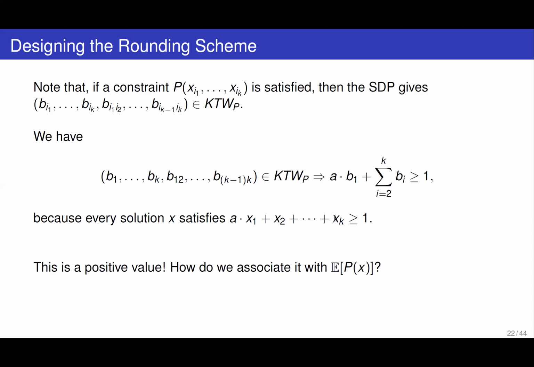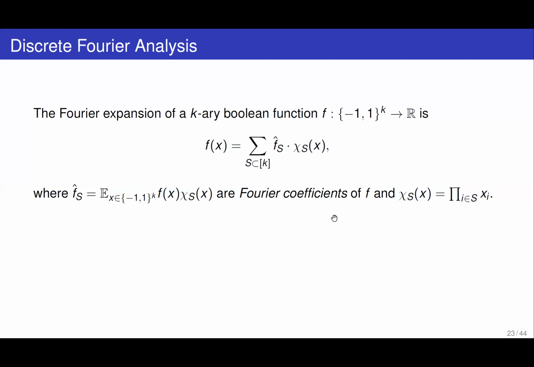How do we associate it with the expected value of P? And the answer is to use discrete Fourier analysis. The Fourier expansion of a Boolean function f is given by the sum of f hat sub S times chi sub S of x, where S ranges over all subsets of integers from 1 to k.